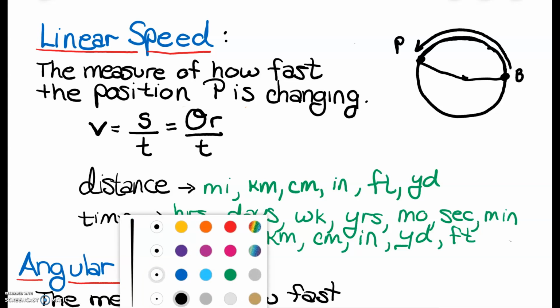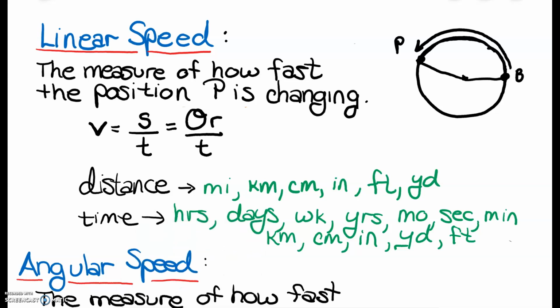There's also many different ways that we can measure time. Time can be measured in hours, days, weeks, years, months, seconds and minutes. So our rate for linear speed or velocity can be measured in miles per hour. It can be measured in kilometers per second. But again, it is the distance traveled along the circumference of a circle.